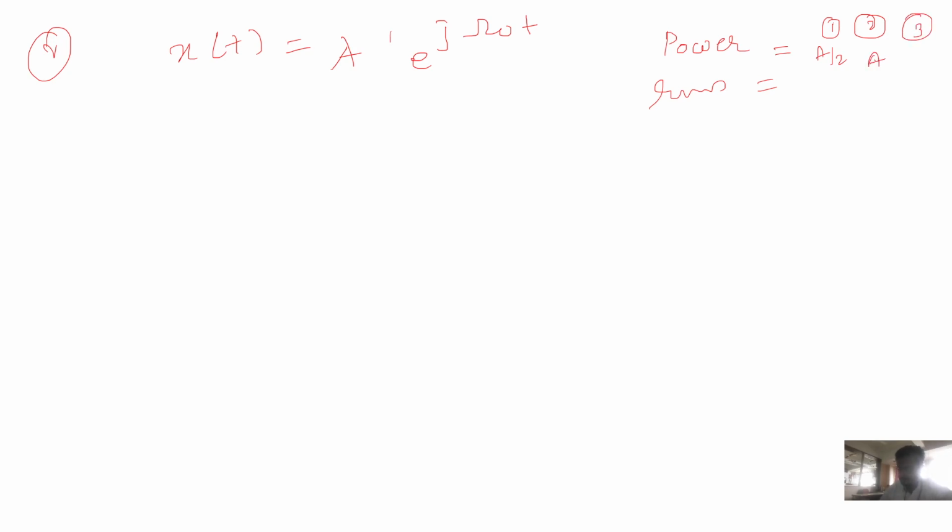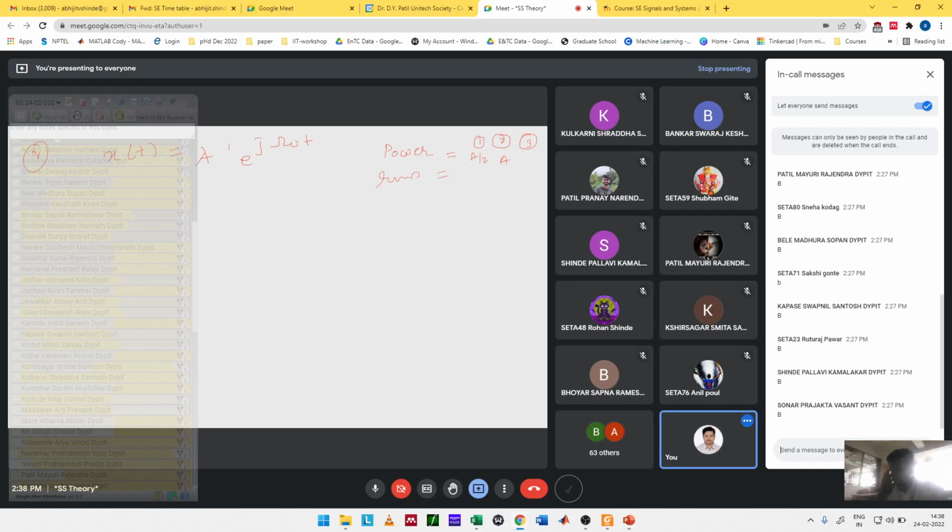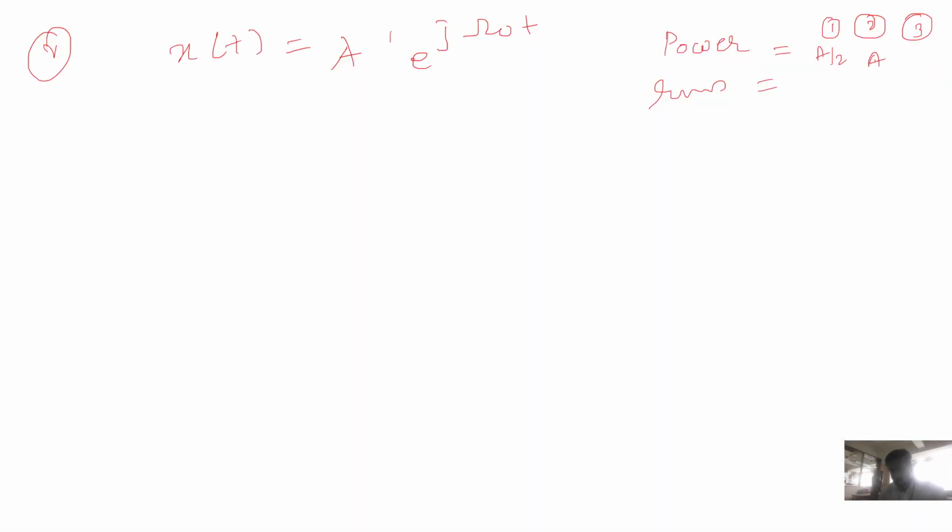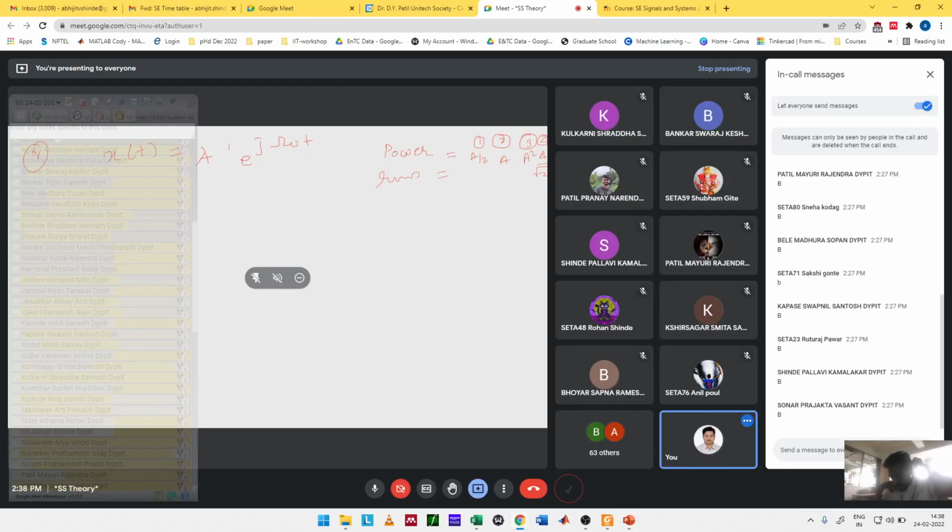What is third? Let me have one more thing over here, A square, and the fourth thing is A by root 2. So tell me 1, 2, 3, 4, which one is right in the chat box? Whatever your calculation got you to, please put that in the chat.